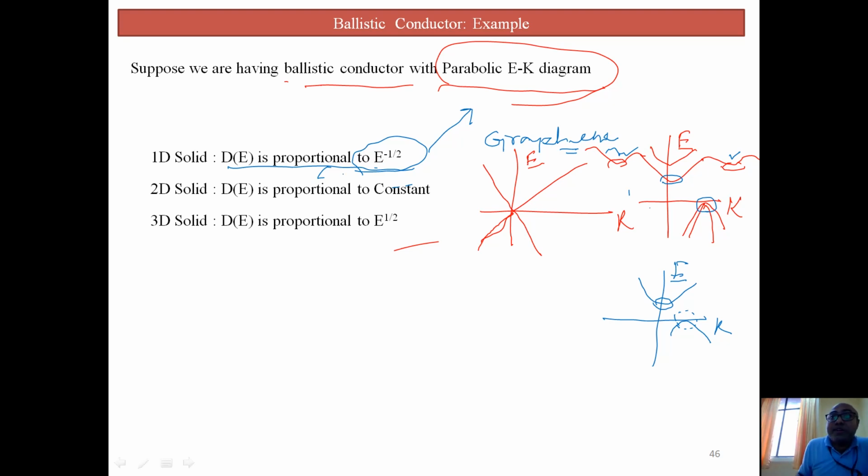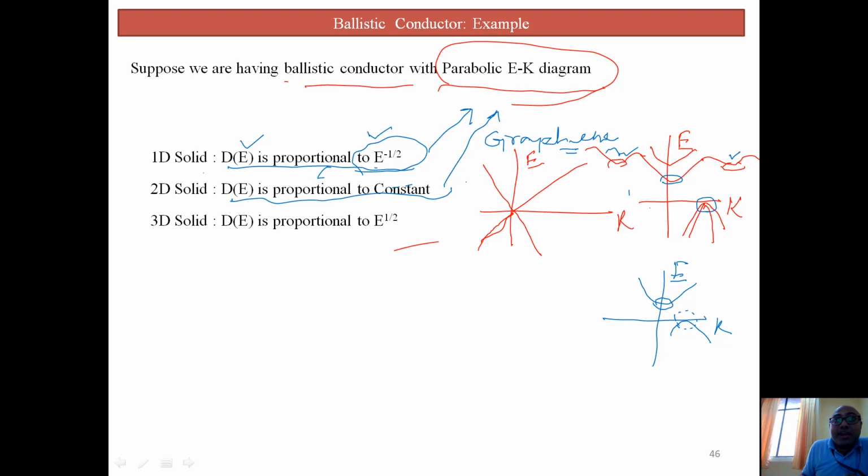We observed that a couple of lectures back. For graphene, we observed the density of states is proportional to E. Especially for the parabolic case, the density of states is proportional to E to the power 0, or constant. But that is true only for the parabolic case.